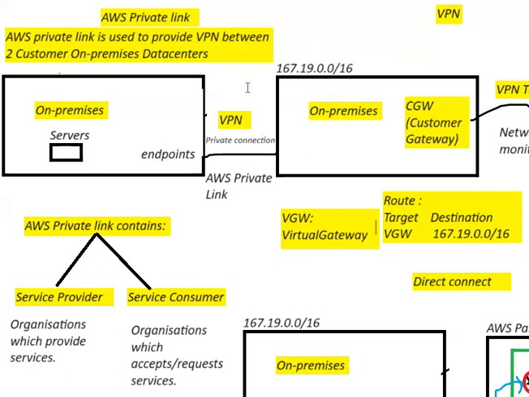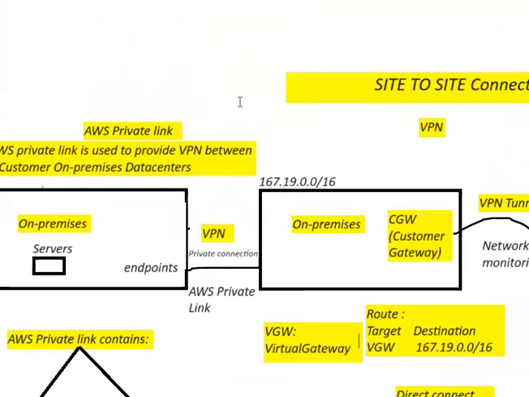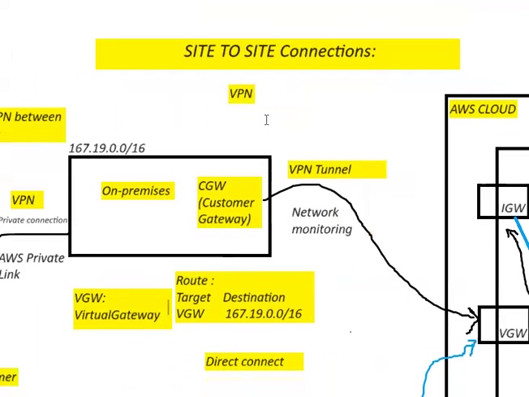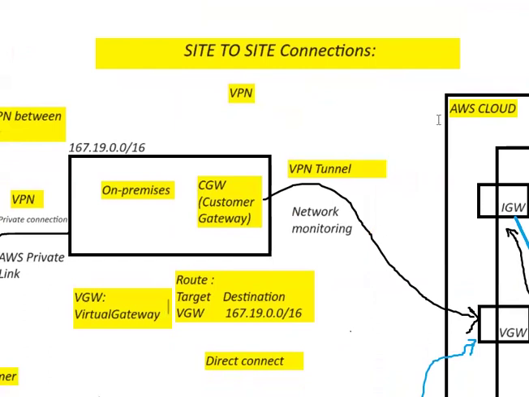If you analyze VPN connectivity, we provided it in two places: in site-to-site connection, and also when we used VPN connection for connecting our on-premise data center to the AWS cloud. You can see that by using the VPN tunnel we provided a virtual connection from my on-premise to the AWS cloud.